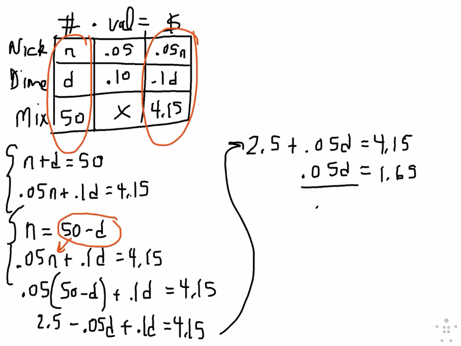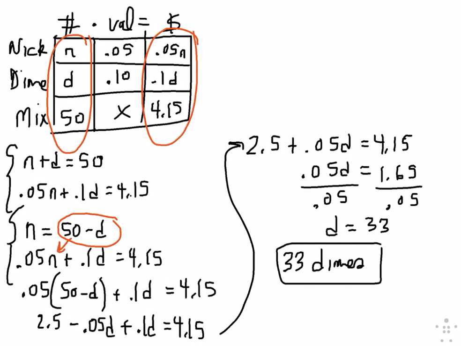And then we divide both sides by 0.05, right? And this gives us D equals 0.05 into 1.65, 33. So 33 dimes.